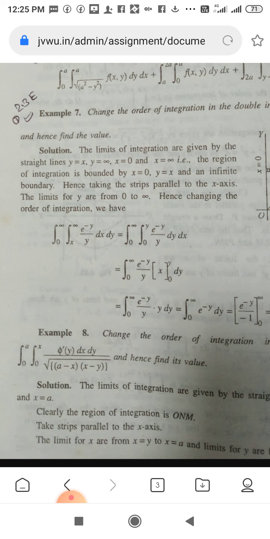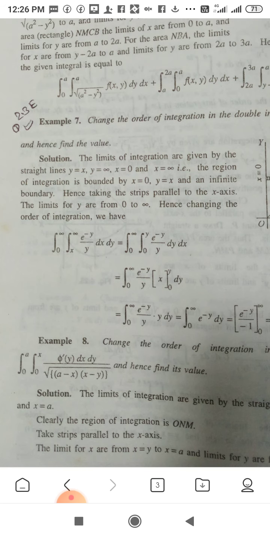Hence, changing the order of integration, we have 0 to infinite, x to infinite e to the power minus y upon y dx dy is equal to 0 to infinite, 0 to y e to the power minus y upon y dy dx. So first of all, it is integrated with respect to x.